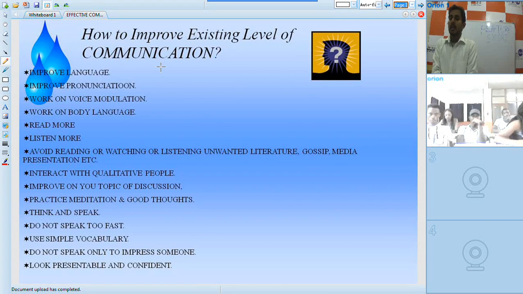By working on these points, you improve your communication skill, which is very effective during your job career or during placements. Communication is the most important thing required at the time of a job in any organization.